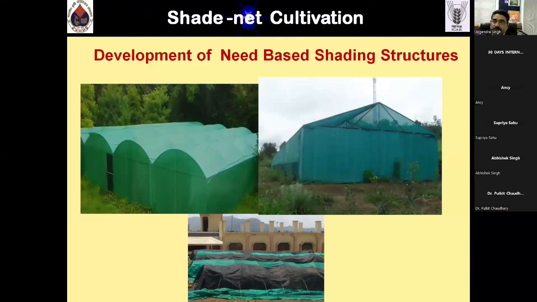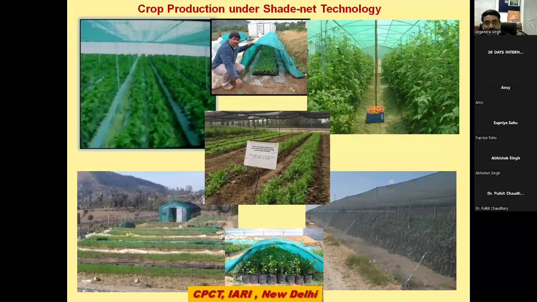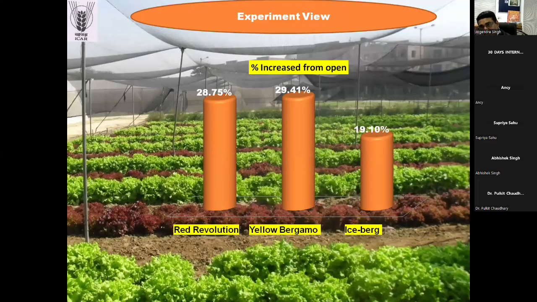We can use this technology for vegetables in the summer season: summer coriander, summer leafy vegetables like spinach, coriander, fenugreek, summer radish, summer garlic, summer onion, summer mint. They are grown for 3 to 4 months in the extreme summer under plain conditions. This technology is also used for summer tomato, summer capsicum nursery, and summer lettuce.